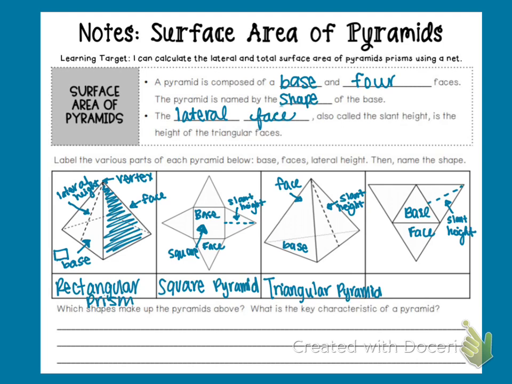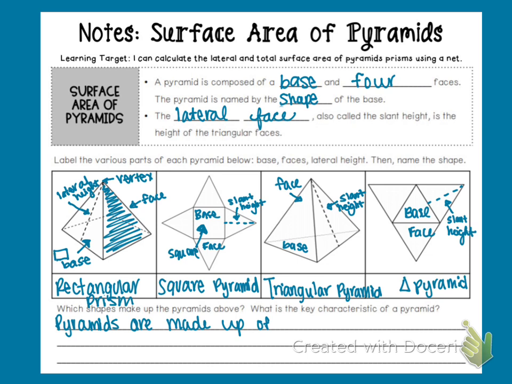Okay, so here are my labels, and these last 2 ended up being triangular pyramids. So it says, which shapes make up the pyramids above? What is the key characteristic of a pyramid? The pyramids are made up of what shape in all the faces in all of these?